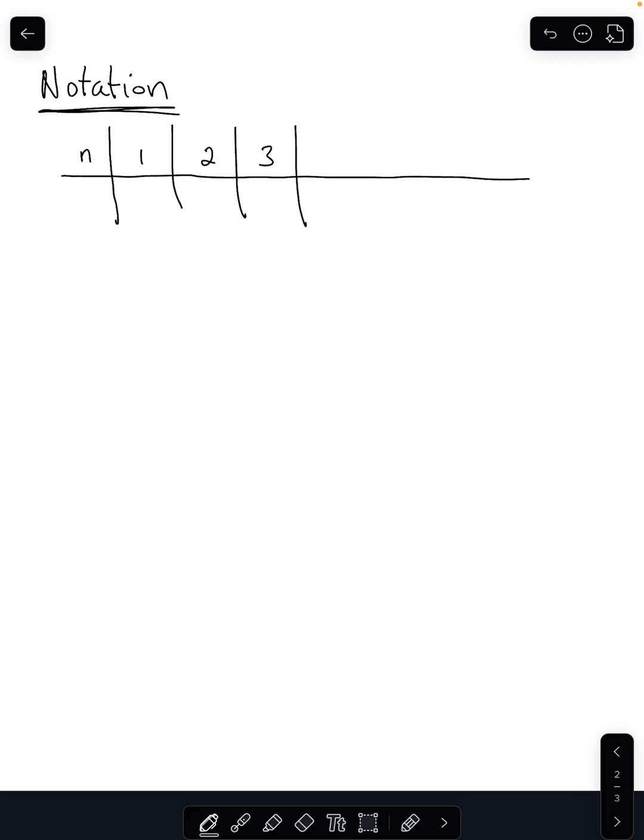We saw it briefly in the example on the previous slide here, but the notation for a sequence starts with this, that for each value of n, starting at 1, and then 2, and then 3, and so on, the terms are listed as a variable with a subscript, where a sub n is the nth term of the sequence.